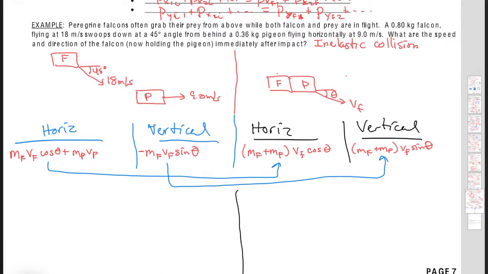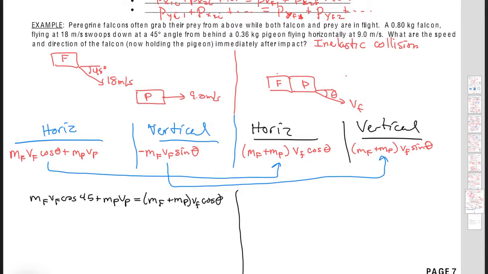So now I'm going to have a horizontal piece. So I'm going to have M times V, but this isn't M subscript V. This is MF VF cosine 45 plus MP VP equals MF plus MP V lowercase f cosine our unknown angle.